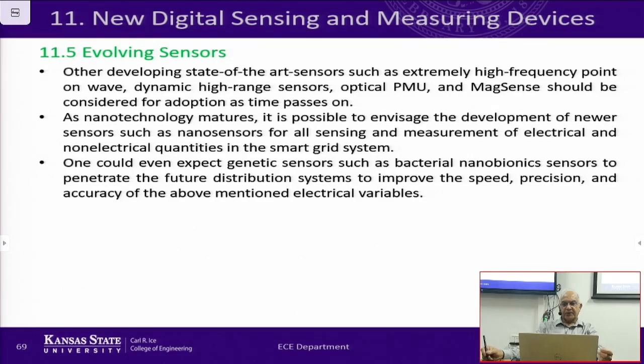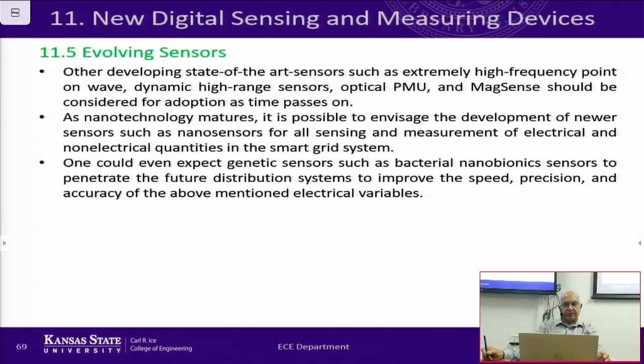This point of wave is another approach, a different way of sensing frequency and voltage. I won't go into too many details of that, but this is a conceptual thing where they can measure the voltage and current with high frequency waveforms very accurately.